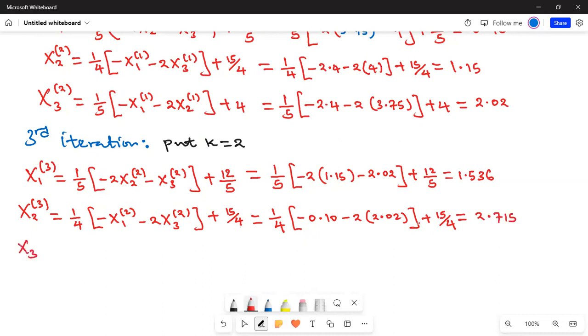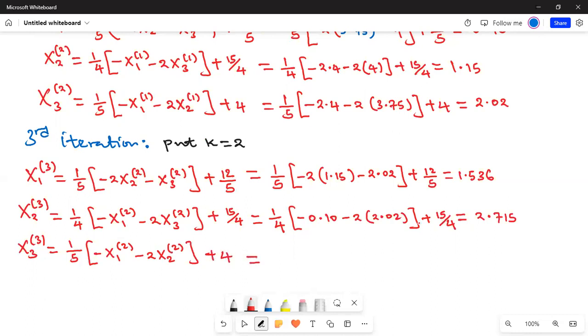Finally, the third equation, x3 at level 3 is 1 over 5 negative x1 at level 2 minus 2x2 at level 2 plus 4.